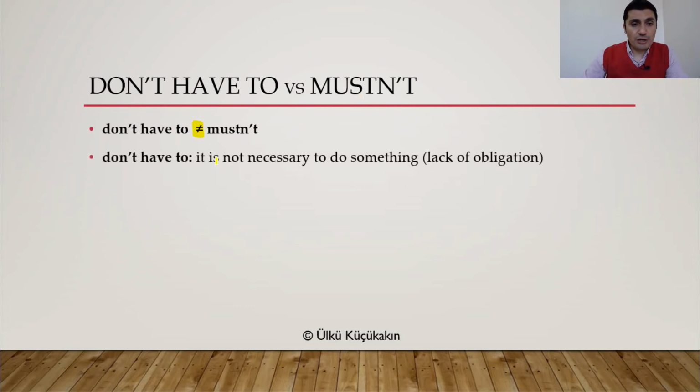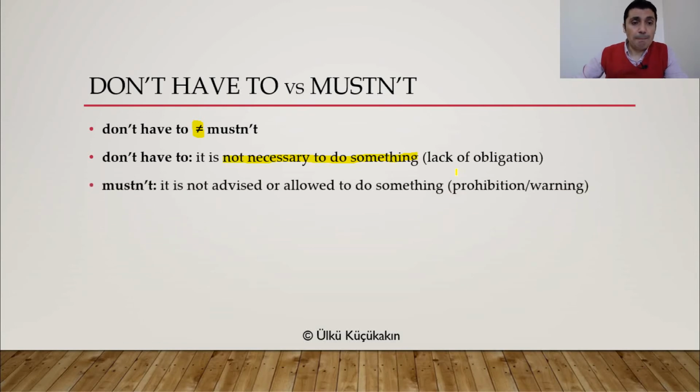Don't have to expresses that it's not necessary to do something. It's not necessary. Don't do it, or maybe if you want, you can do it, or maybe you don't want to do it, so you don't do it.